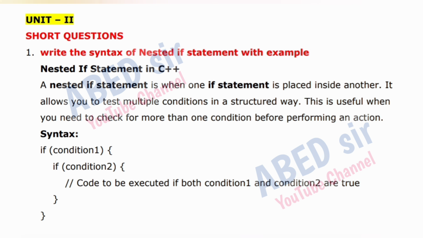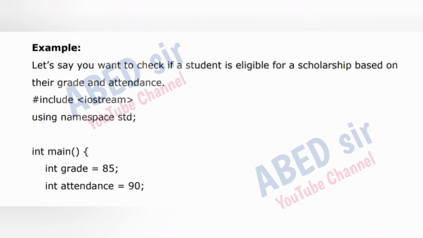Syntax: if condition 1, if condition 2, code to be executed if both condition 1 and condition 2 are true. Example: let's say you want to check if a student is eligible for a scholarship based on their grade and attendance.